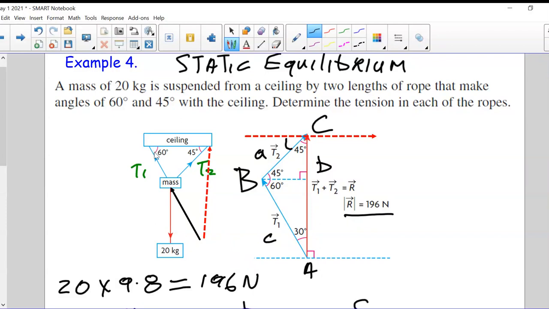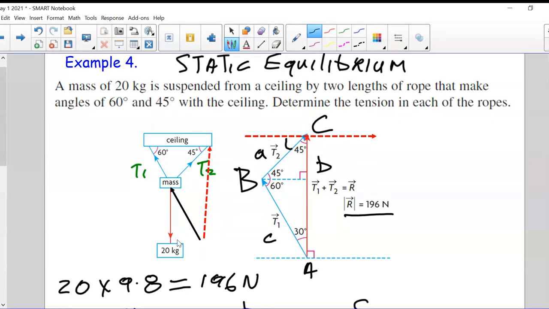But if you slide, let's say, that 60 vector down, it's still pointing up and to the left, and connect it to the end of the T2 vector, then the vector that you eventually get from summing those two vectors would have to be the same force as the vector that's pointing down to suspend the weight of 20 kilograms.